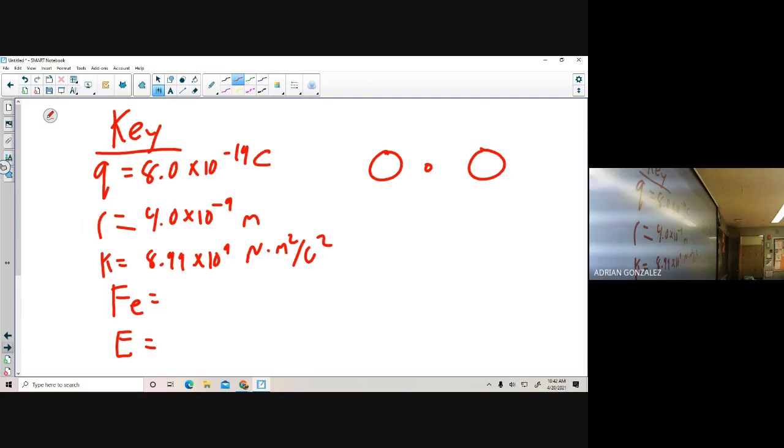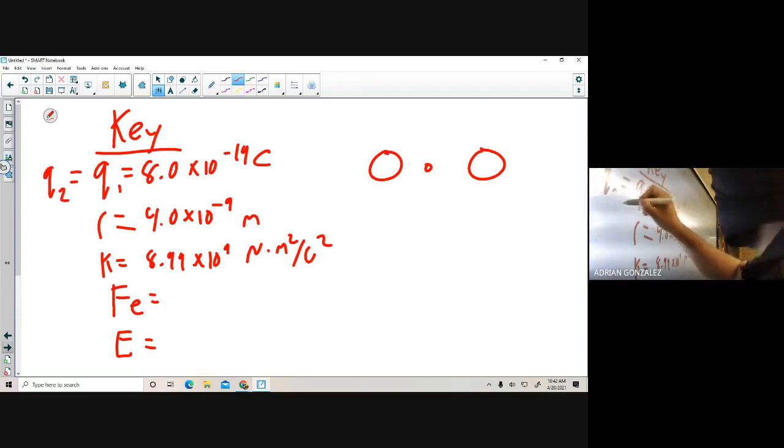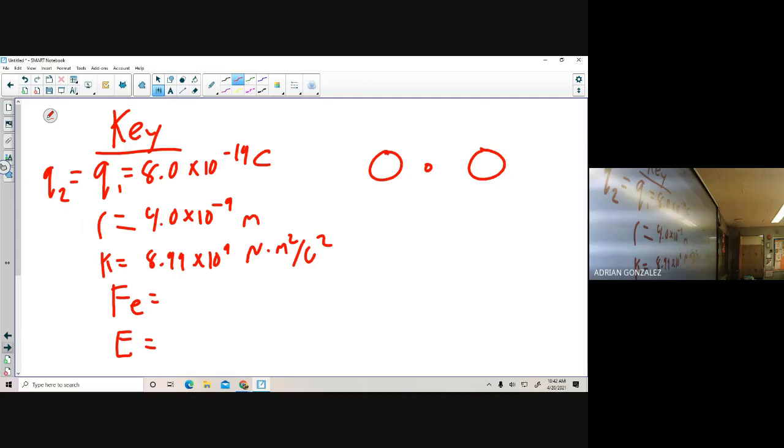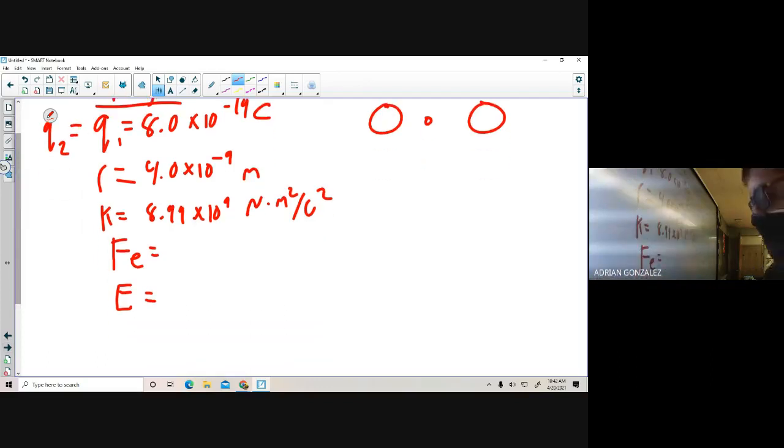You've got to be specific. This Q is Q what? Q1 and Q2. The other Q value, which we could call Q3 or Q test or whatever you want to keep it simpler for you, must also be included.